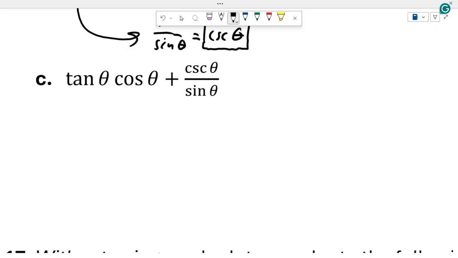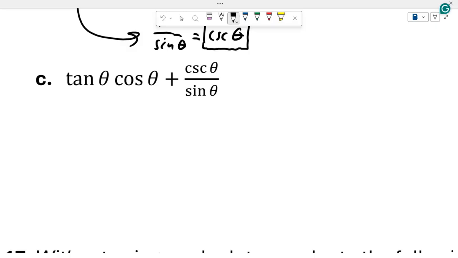One catch-all strategy, if you don't see another way to do it, is to try rewriting all of your terms in terms of sine and cosine.